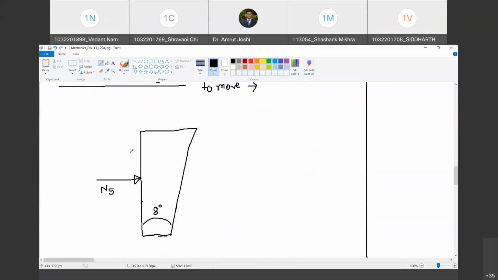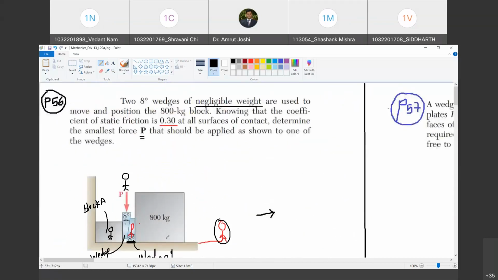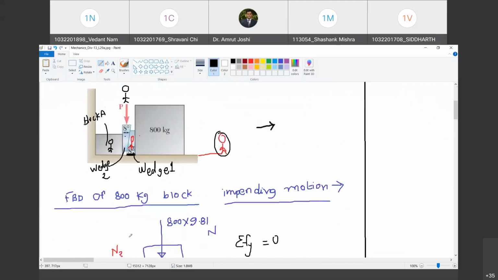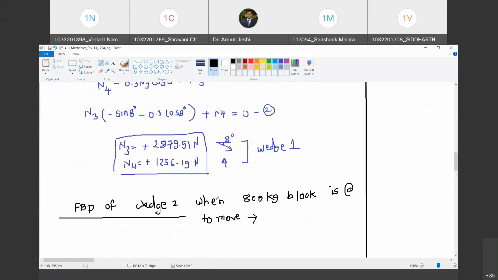Are you with me? Yes, sir. And it is at the time when the 800 kg block is about to move towards right. So therefore it has reached its maximum value. And what is the maximum value? 0.3 times N1. Happy? Yes, sir. Okay.